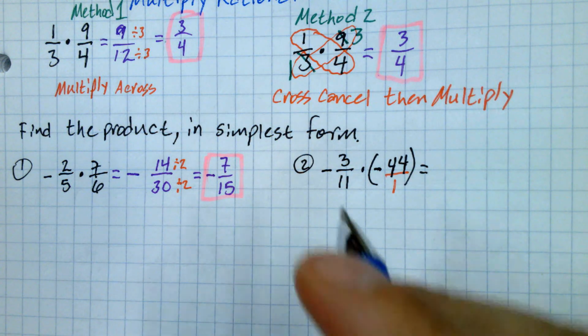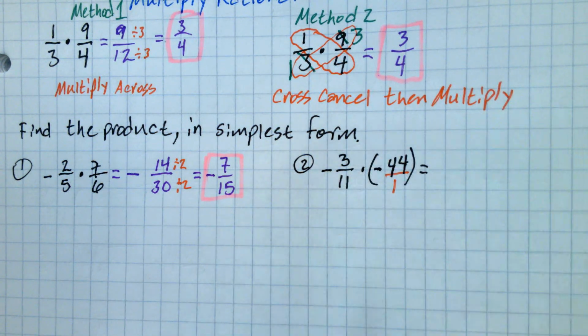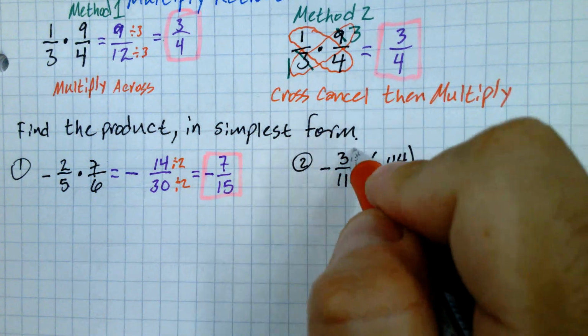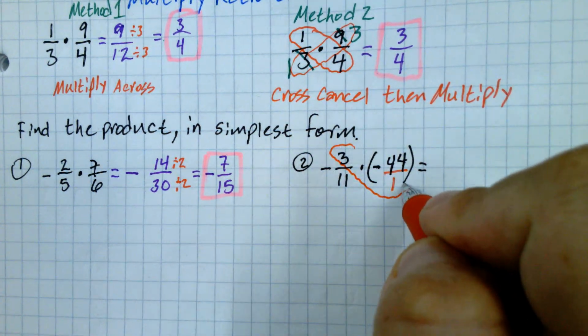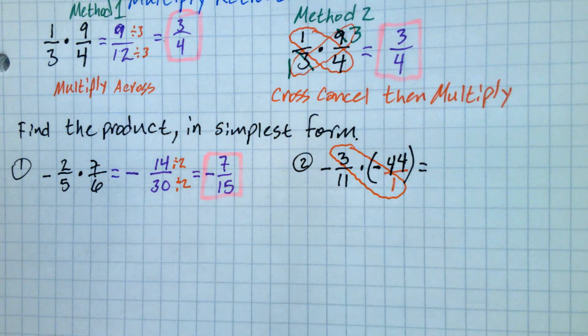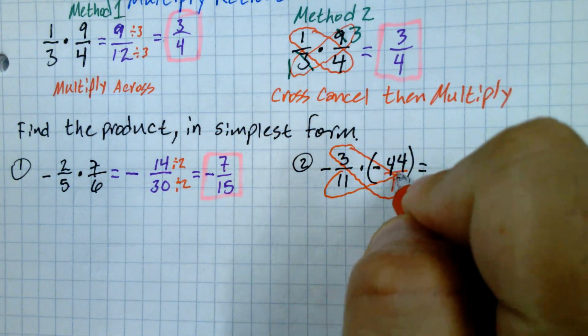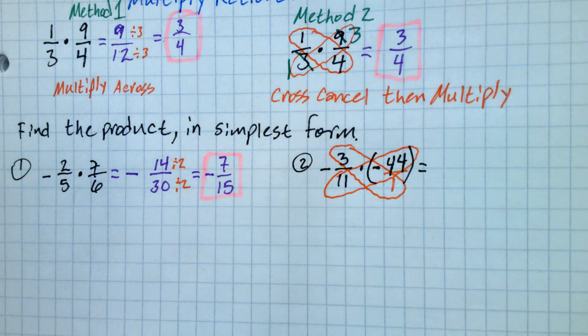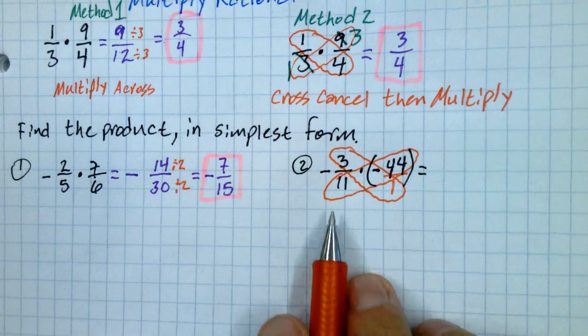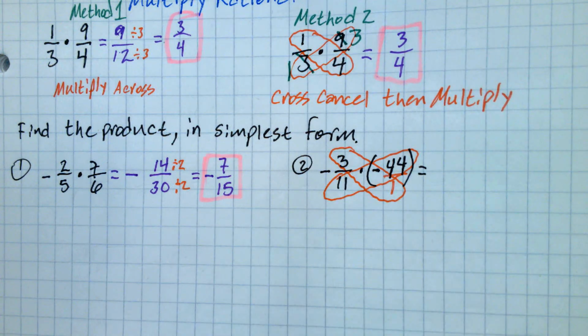Look at your numbers across from each other. 3 and 1. Can I simplify anything between 3 and 1? 11 and 44. Is there anything I can divide out of 11 and 44? 11, right?